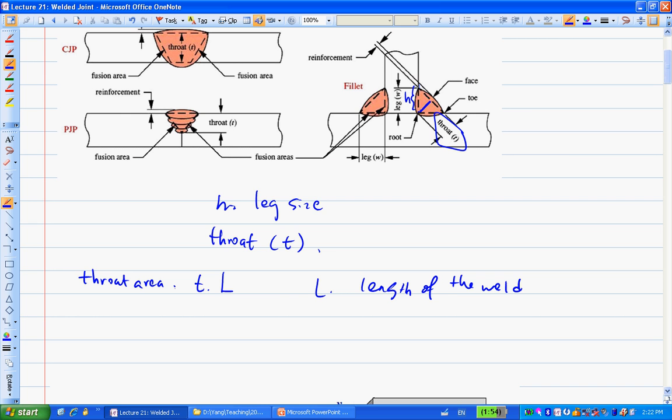And then there's another one called the fusion area. The fusion area is H times L. Those are two important things that we need, particularly the throat area. We're going to need that.